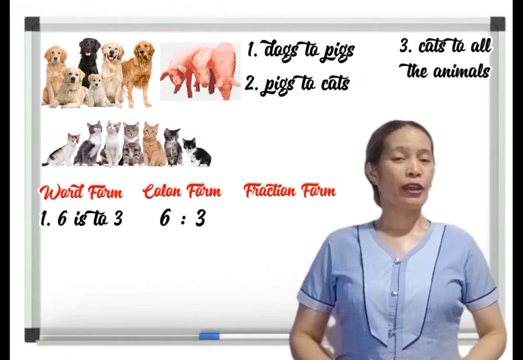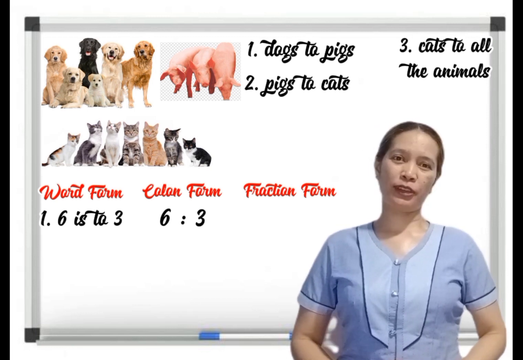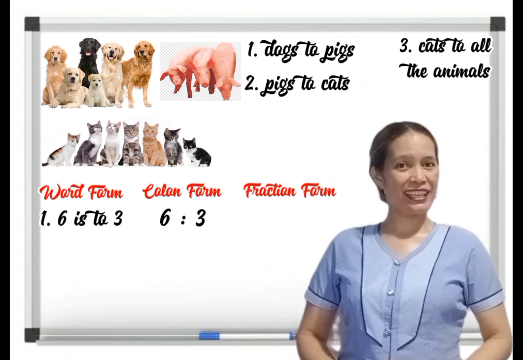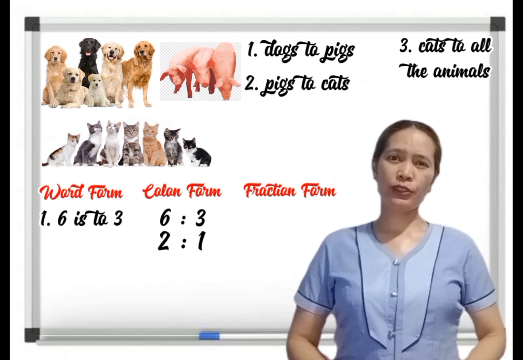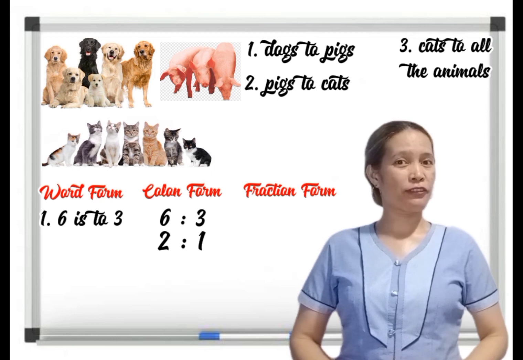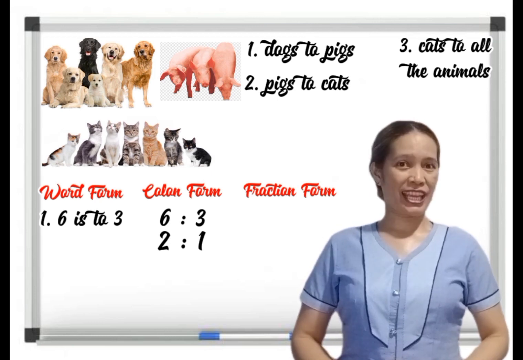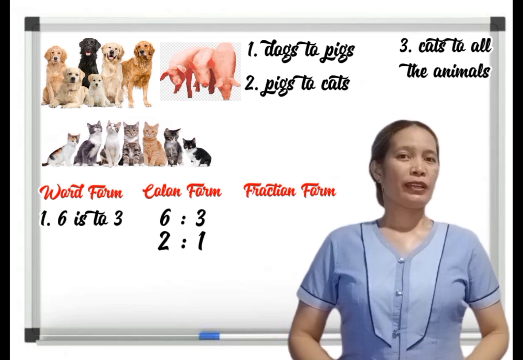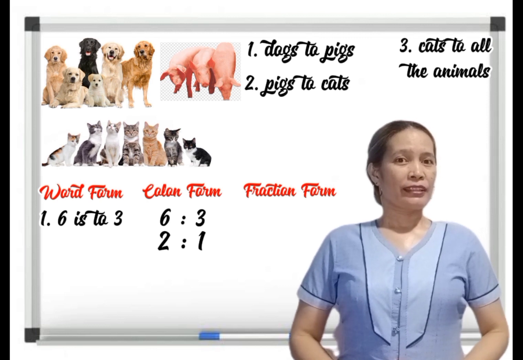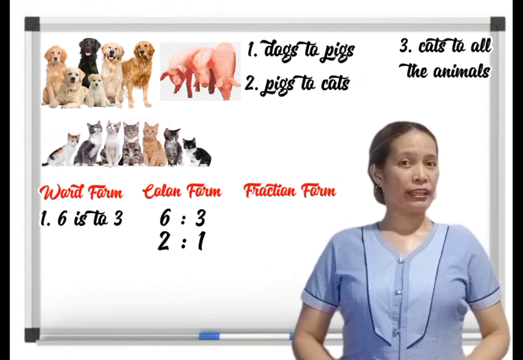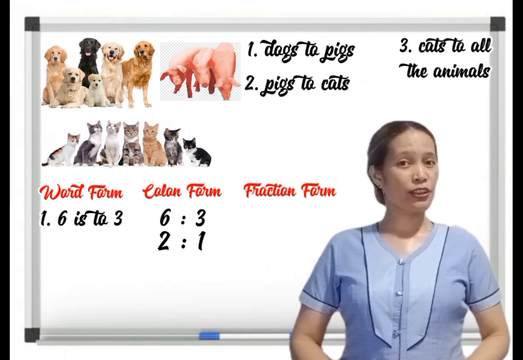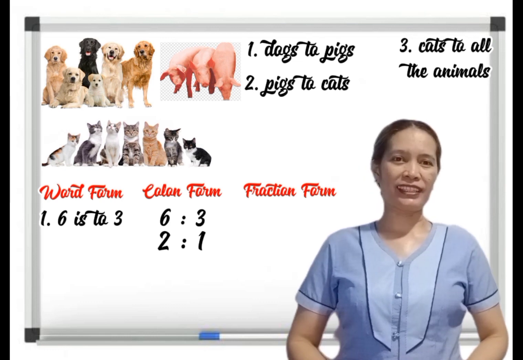Or, if we are going to simplify, ito po ay magiging 2:1. Why 2:1? Meron silang common factor na 3. So, the lowest term or the simplest form for 6:3 is 2:1.